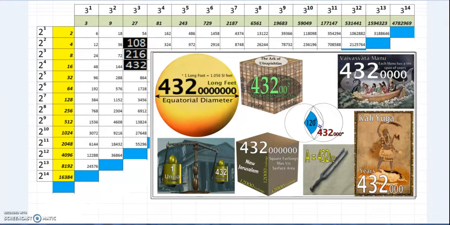Okay, so once again we've gone through 108, 216, 432, the sun, weights, the New Jerusalem, the preserver of life as the Ark of Utnapishtim, the flood, and we also see 432 being represented there in the lifespan of Manu, which was again the Indian flood legend, and the Yugas.